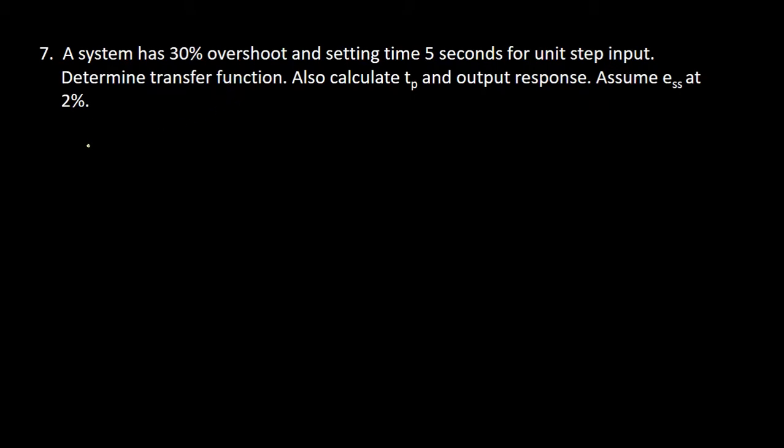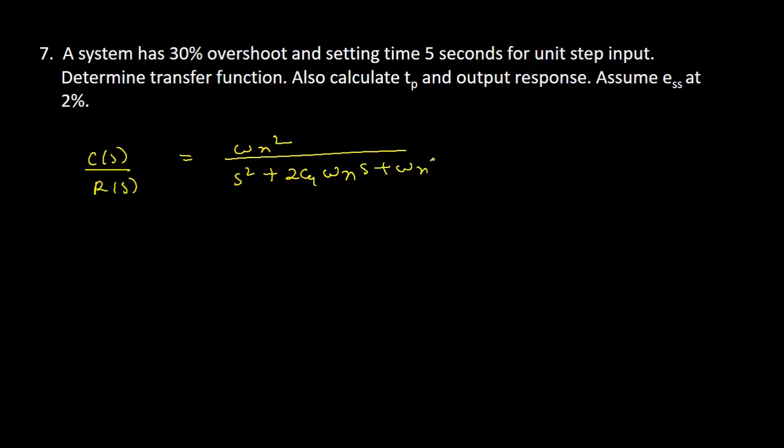In this question, we have to determine the transfer function also. We know that the standard form of transfer function for second order control system is C(s) by R(s) equal to omega n square divided by s square plus 2 zeta omega n s plus omega n square. So for this we have to find out omega n square. We know that omega n is equal to 2.2353 radian per second, and omega n square will be equal to 4.99.